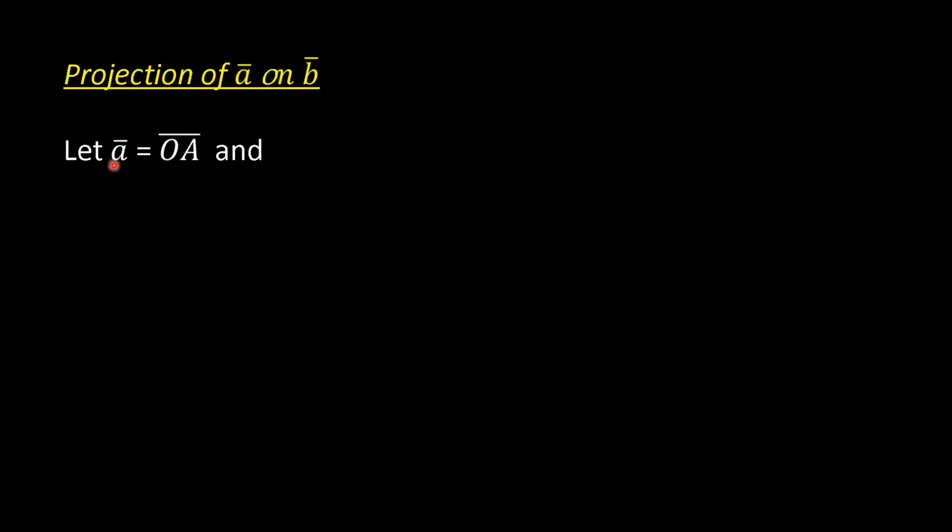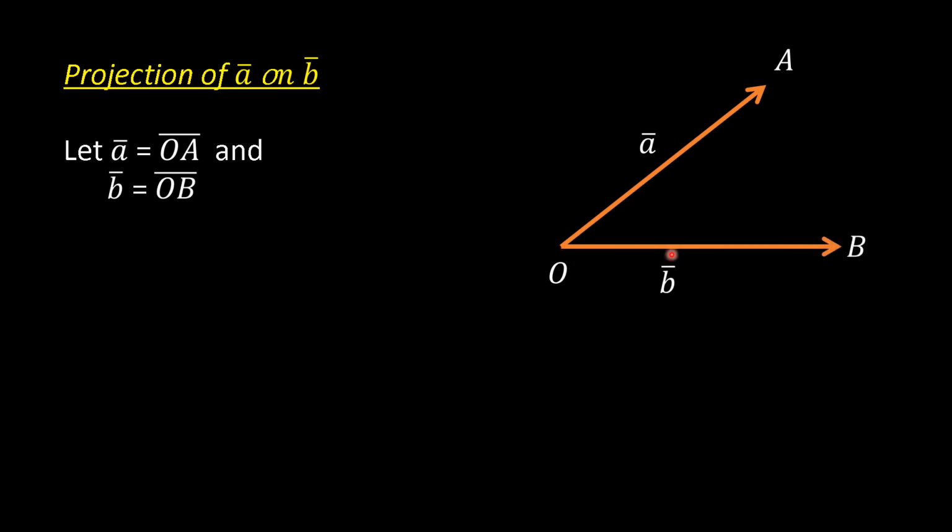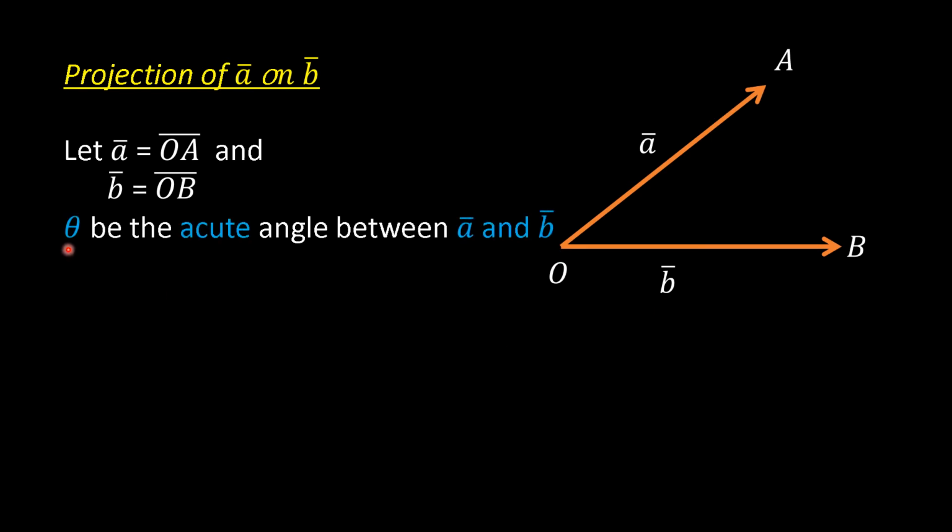Let's understand the projection of A bar on B bar. Let A bar equals OA bar and B bar equals OB bar. Let theta be the acute angle between A bar and B bar.